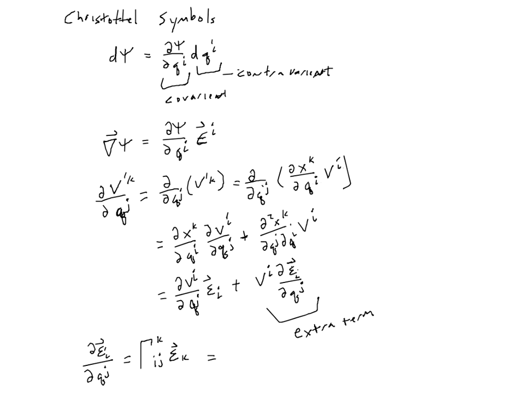And that's going to be the definition of it, so that the Christoffel symbol is equal to epsilon m times, where this is an m and that's an m, of partial epsilon i with respect to q j.